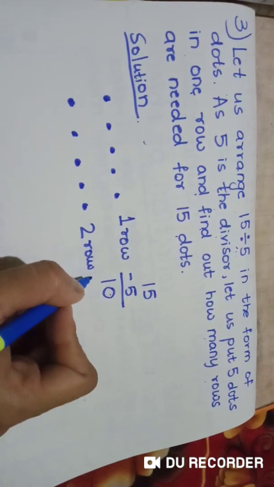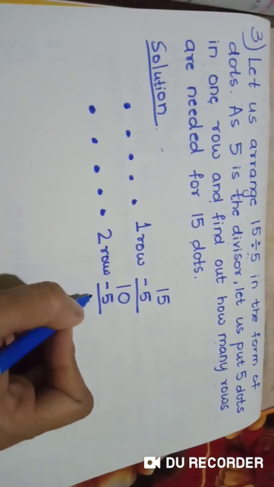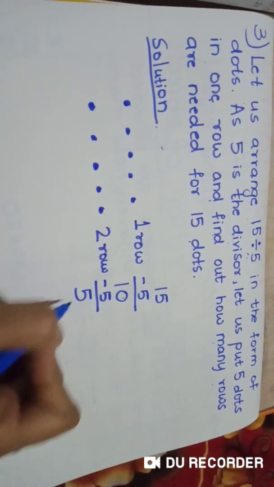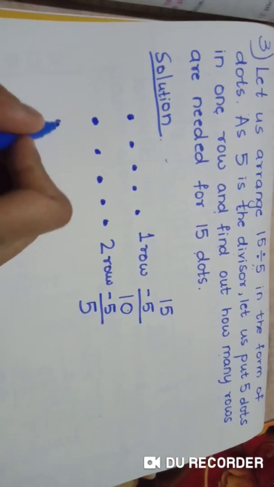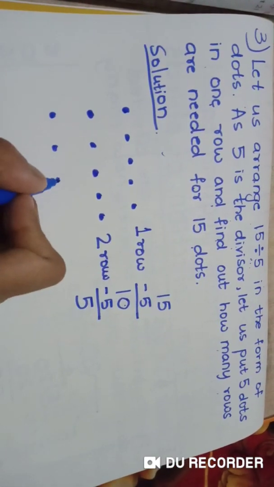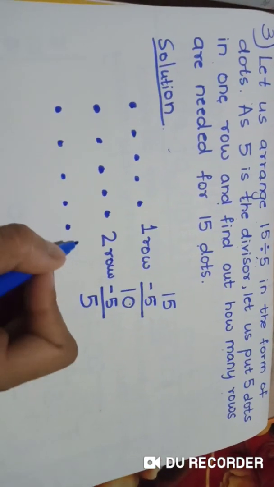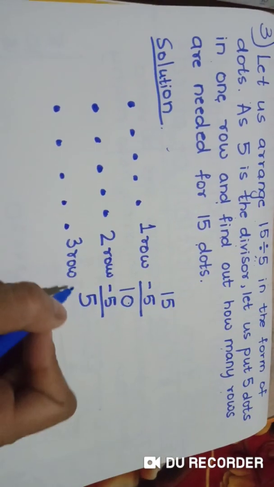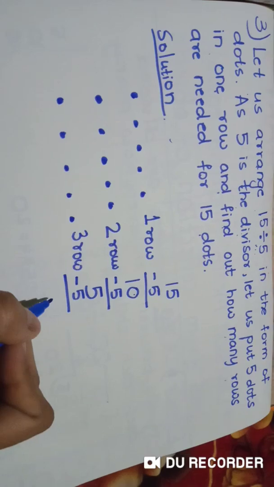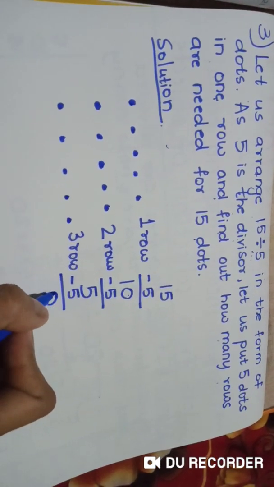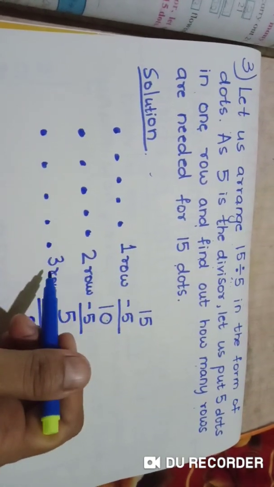Then 5 will be subtracted from 10. How many will be remaining here? 5. Again 5 is remaining here. Therefore, again a third row. 1, 2, 3, 4, 5 dots. This is our third row. Again 5 will be subtracted from 5. What remains here is 0. So how many rows are formed here? 1, 2 and 3.